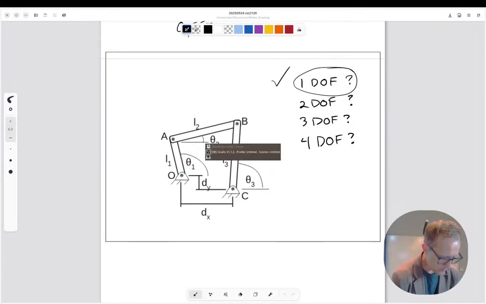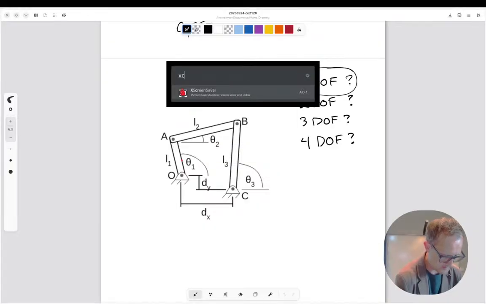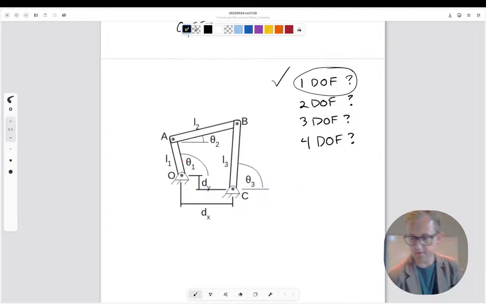So we have this 1 degree of freedom system.